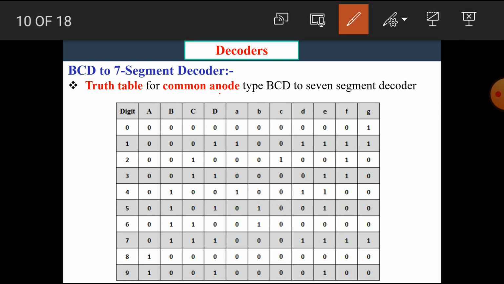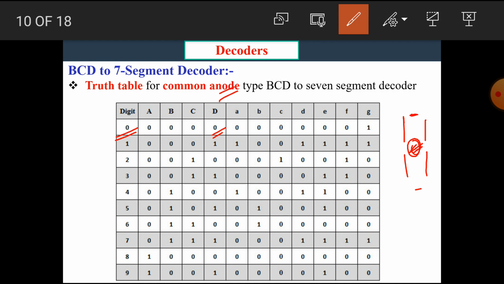Similarly, in common anode type display, if we want to turn on a proper LED, then we have to provide it the value 0. For example, if we want to display the digit 0 like this, then we have to turn off only the segment G and the other segments are on.